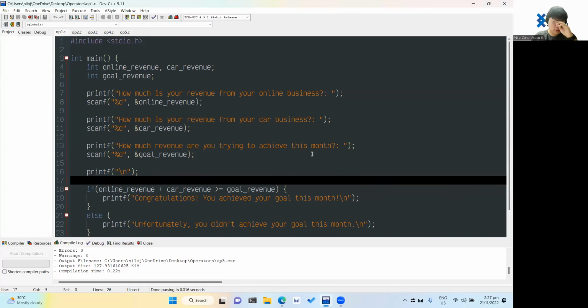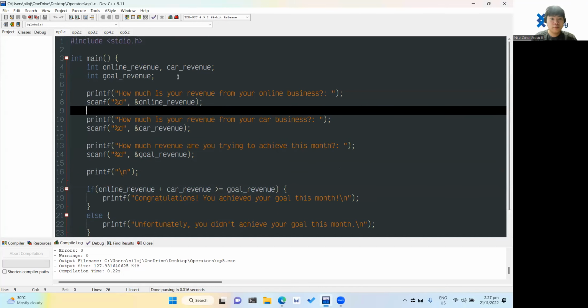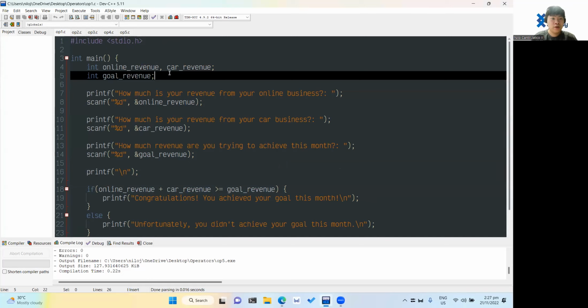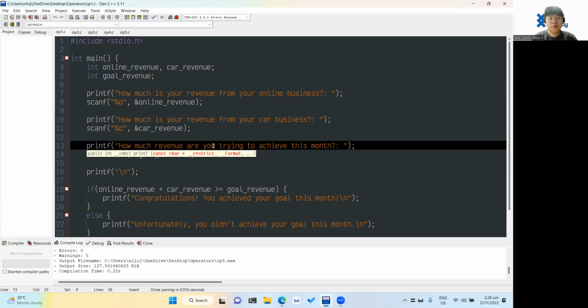So in this case here, I made a program wherein you have an online revenue, a car revenue, and then you have a goal revenue. So you just have to input how much is your revenue from your online business and car business. And then you just have to input what is your goal for how much revenue you are trying to aim for that month.